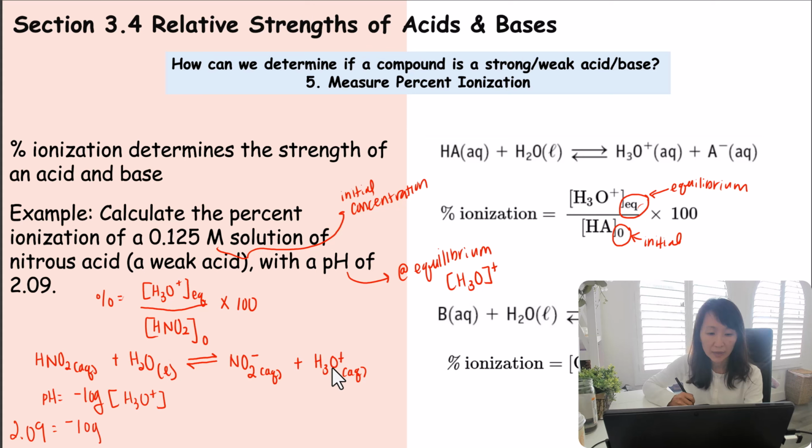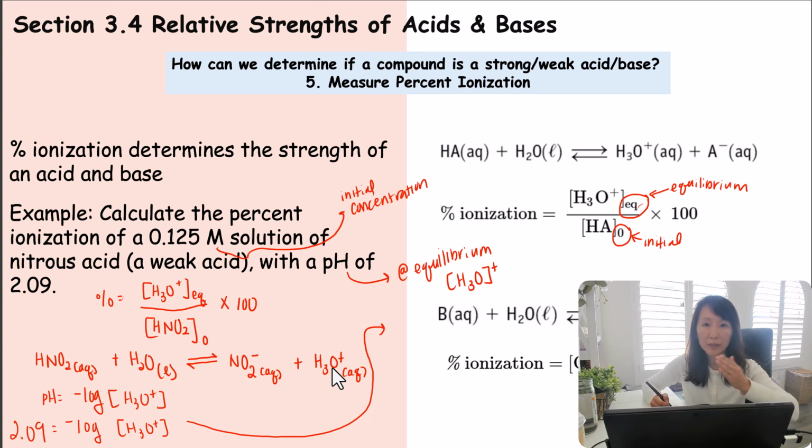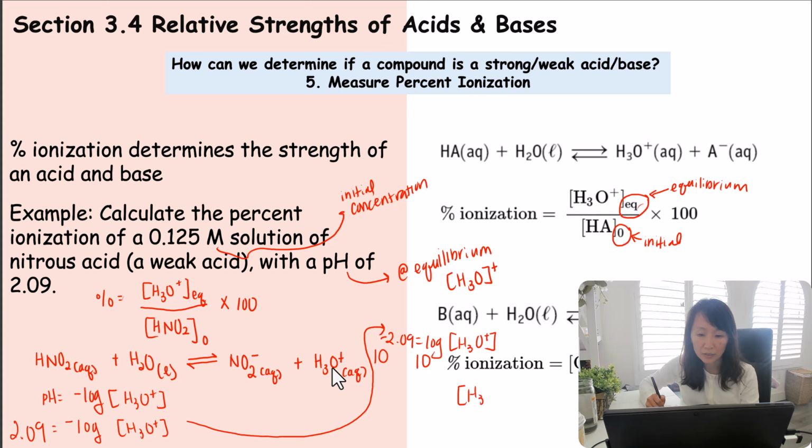Let me rewrite this up here. If I put the negative on the other side, you get negative 2.09 equals log of H3O+. So we'll have to anti-log this to find out the concentration of H3O+. So let's go ahead and find the anti-log of that.